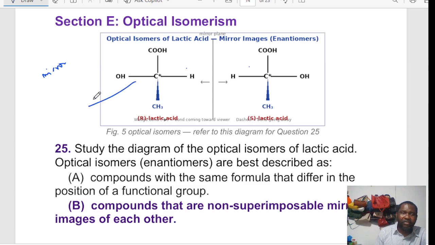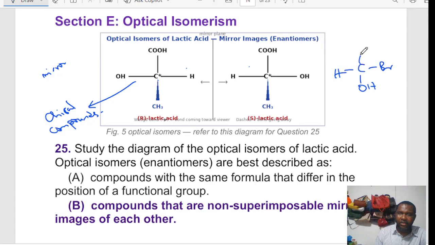And this kind of compounds are called chiral compounds. I call it chiral, you can call it chiral, whichever. Chiral compounds, and their carbon are called chiral carbon. Okay? And so that means something like this. Look at this.